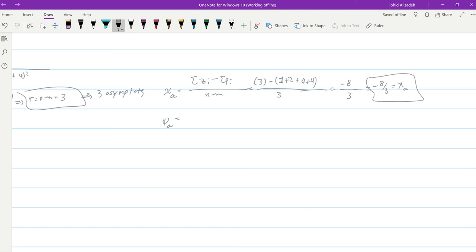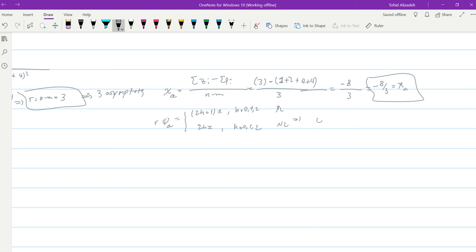For the angle of the asymptotes with the real axis, we have r times theta a equal to 2h plus 1 times pi for the positive locus, and 2h pi for the negative locus, where h will be equal to 0, 1, and 2.